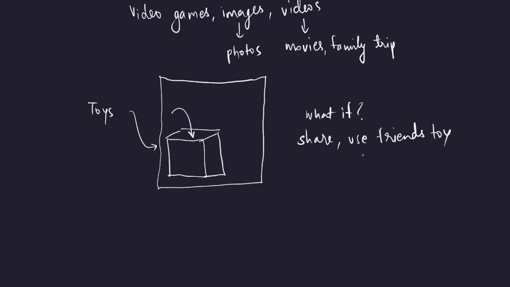So let's say you live in the same building, and your building has a warehouse. A warehouse is just a storage area which is meant for storing things exclusively. So we have a warehouse and we have your toy in a locker. I'm bad at drawing.